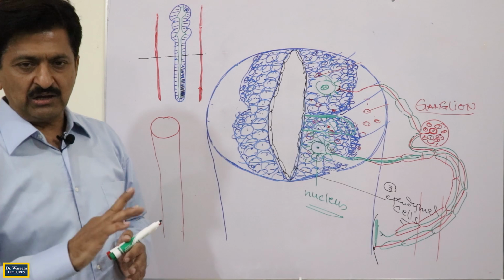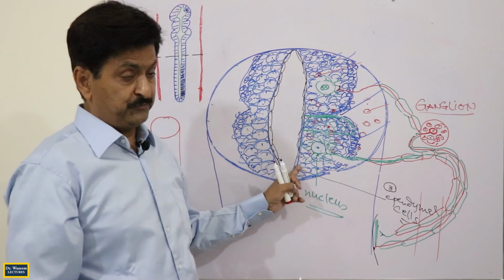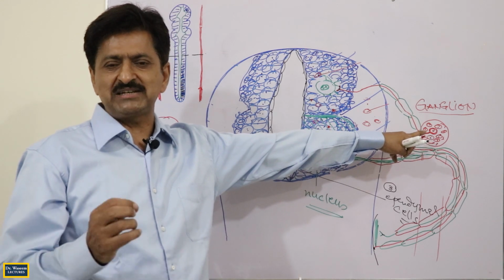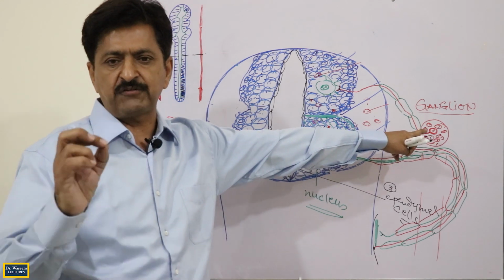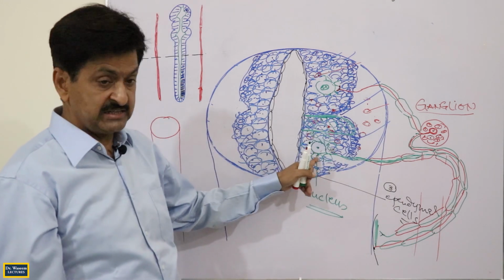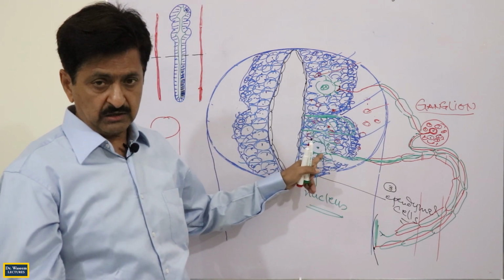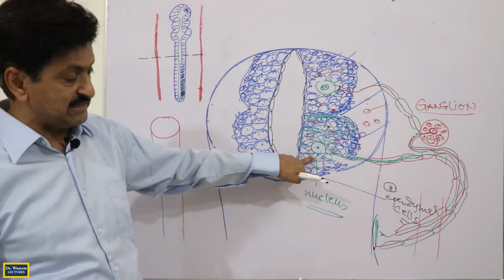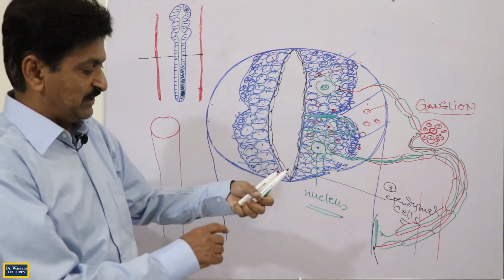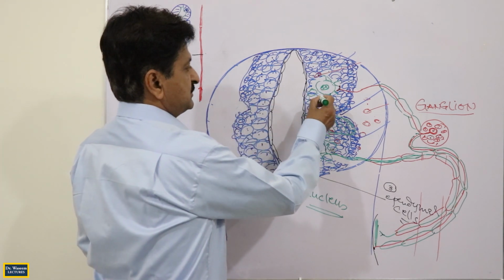So nucleus and ganglion should be differentiated. If it is a discrete collection of neurons standing outside the central nervous system, and outside the central nervous system cell bodies are always derived from neural crest cells, and if they are present inside, you will say they are nuclei. You can call them motor nucleus if they are here, and if they are present here, you will call it the sensory nucleus.